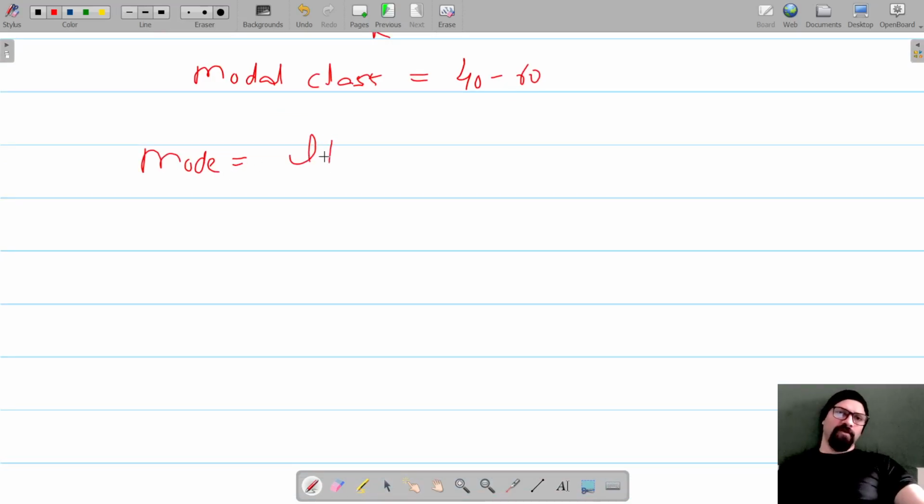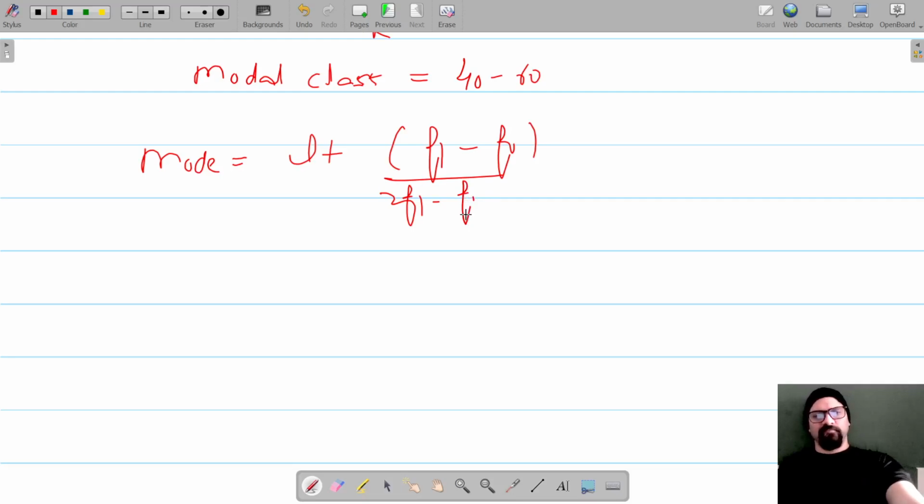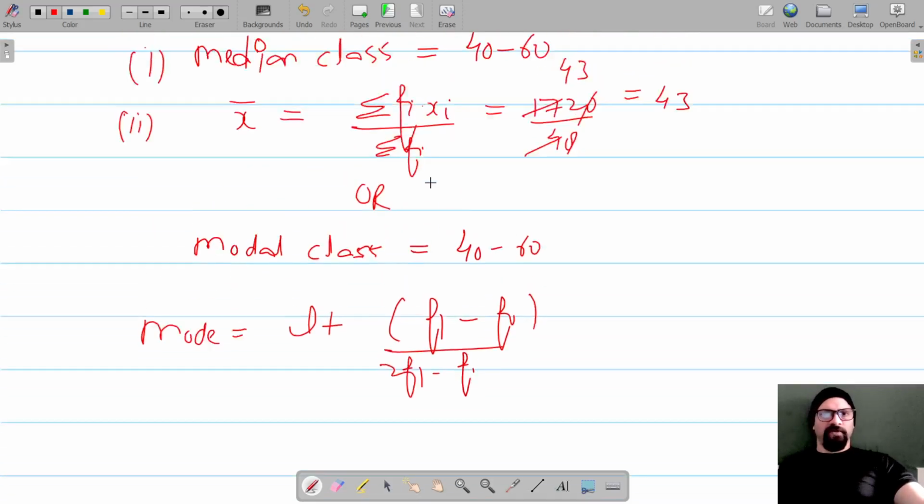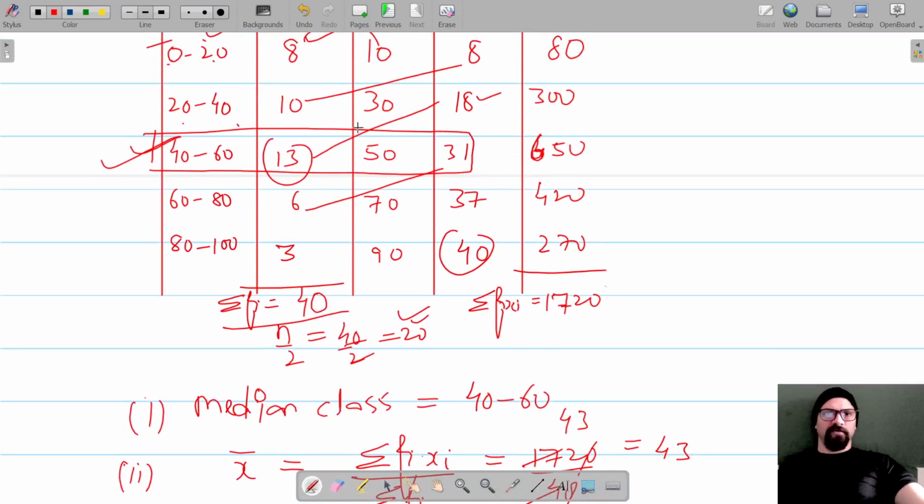So the formula for mode is L plus f1 minus f naught upon 2f1 minus f naught minus f2, into h. What are f1 and f naught? This is the modal class, this is f1, f naught, and f2.